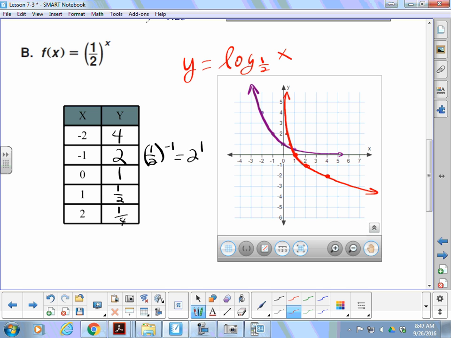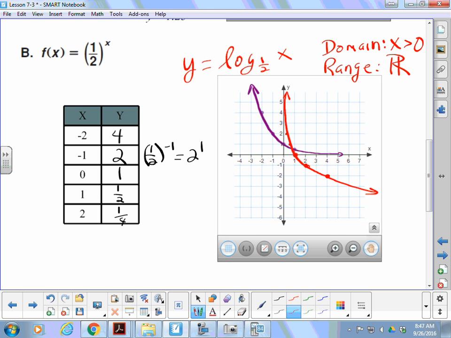And the domain is still, if we look at this, all the x values to the right of 0. The range goes from positive infinity to negative infinity. So domain: x is greater than 0. The range: all real numbers.